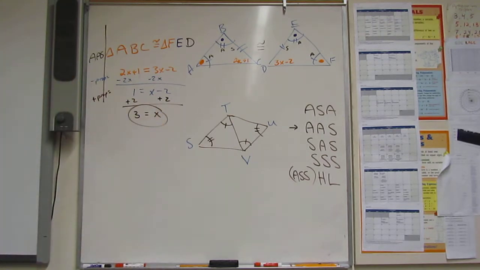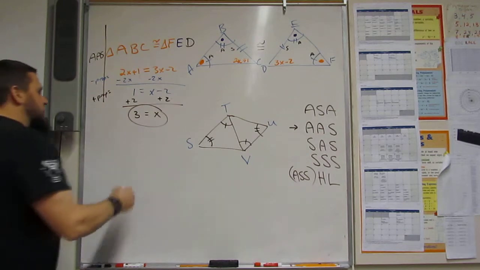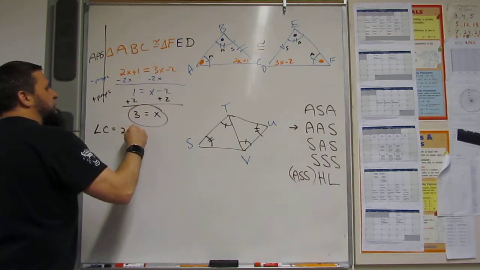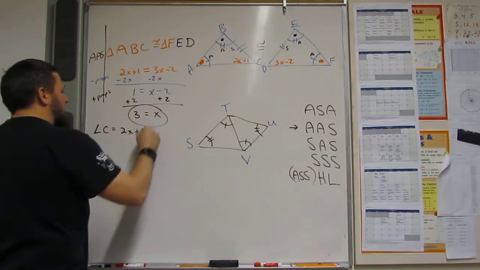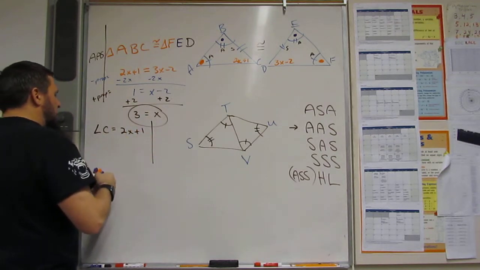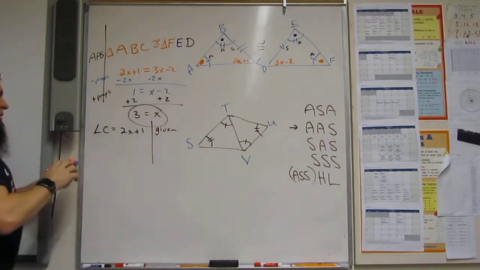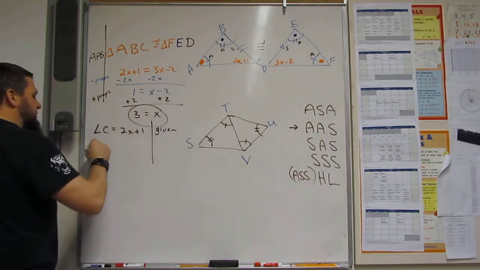If I want to know what angle C is, it's equal to 2x plus 1. So that's a given. So your next step would be the logical step.